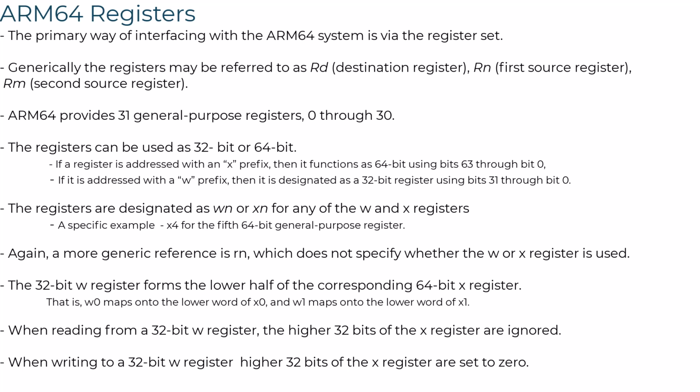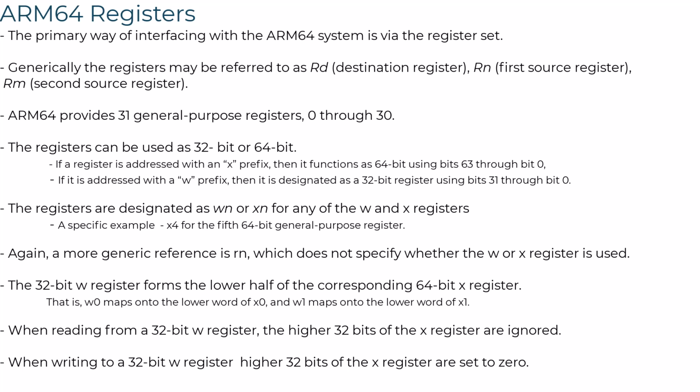So these registers will be designated as WN or XN. As mentioned, we can also use generic references like RD, which means that we're just talking about a destination register. We are not going to specify whether it's a 32 or 64-bit register. When we deal with 32-bit registers, these are actually the lower half of the corresponding 64-bit X register.